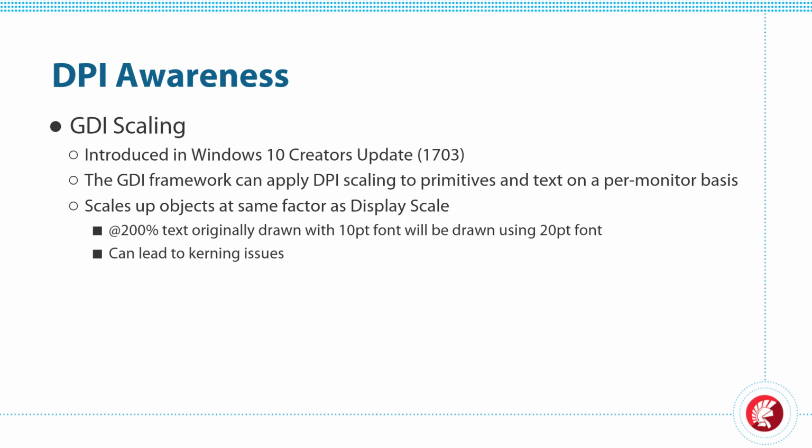So if the form gets scaled up to 200%, change your font size from 10 to 20. And all this is done internally by the GDI framework. You don't have to change your app at all.